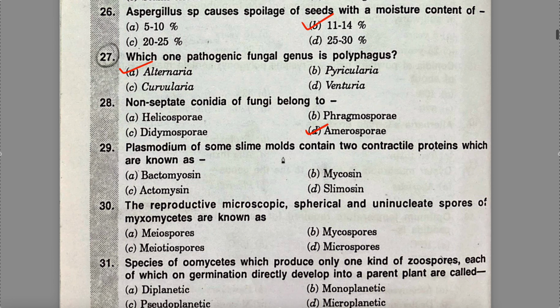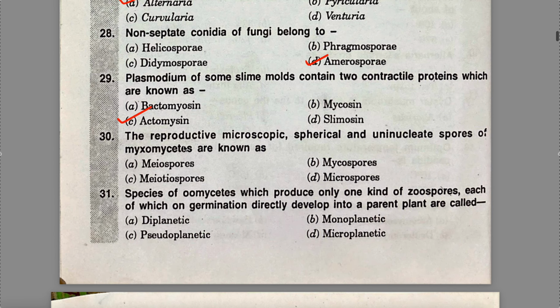Plasmodium of some slime molds contain 2 contractile proteins known as bactomycin, mycocin, actomyosin, or slimocin. The answer is option C. 30. The reproductive microscopic spherical and uninucleate spore of myxomycetes are known as meiospores, mycospores, myxospores or microspores.